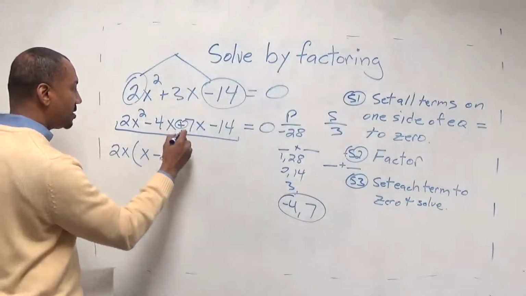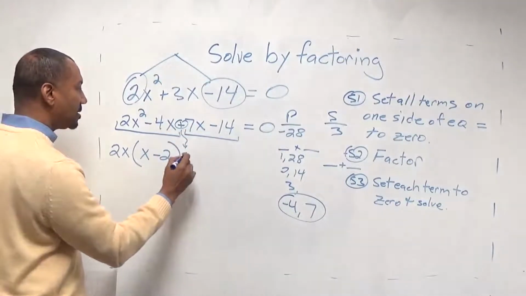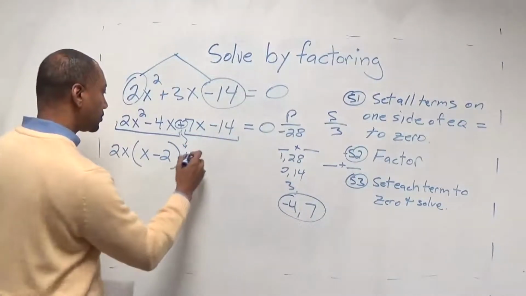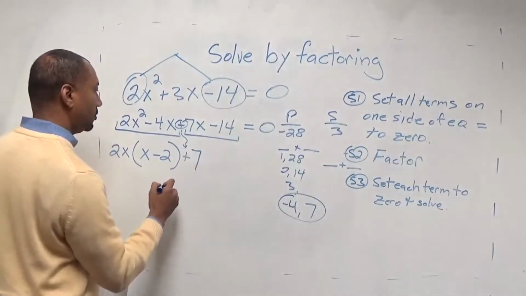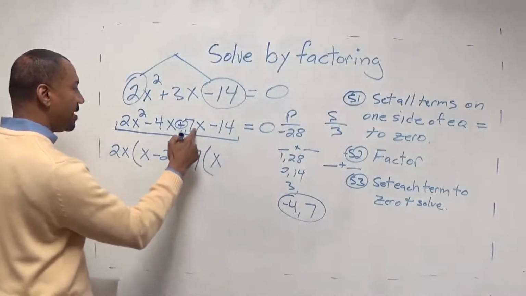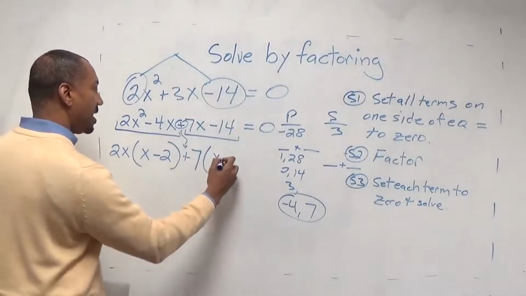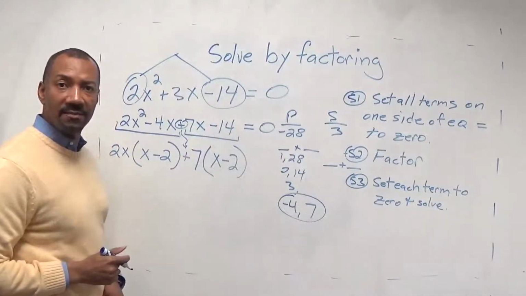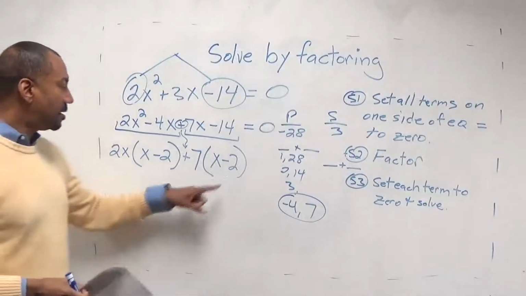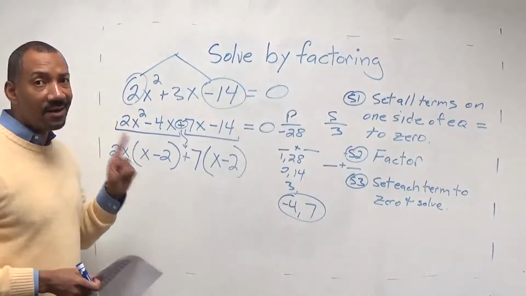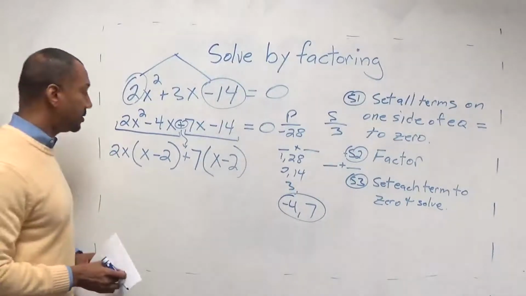Okay, I've got a plus here, so bring that down. A plus. We can factor out a 7 from both of those. And 7 times an x gives me back 7x. And 7 times a negative 2 gives me back my negative 14. And good for us. What's in the parentheses are a perfect match. That always has to happen.